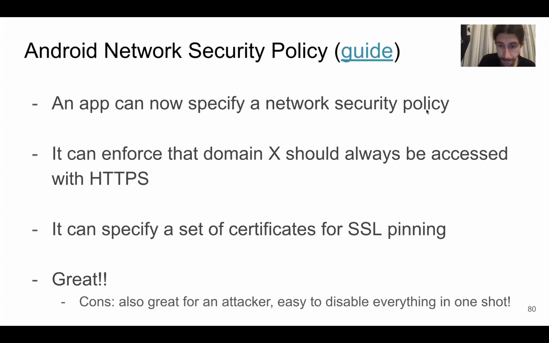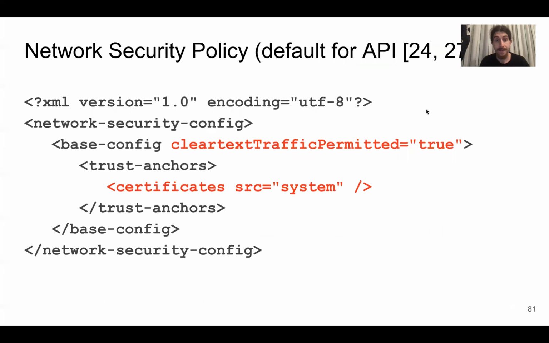The con is that for reverse engineering, if you have all the security checks through this network security policy, you just have a file that you can quickly modify, and you can bypass some of these mechanisms quite easily.